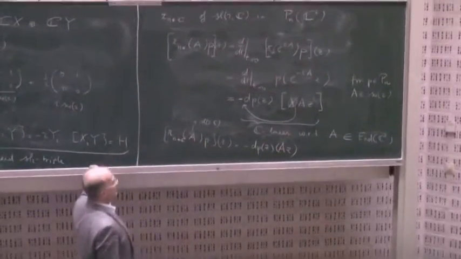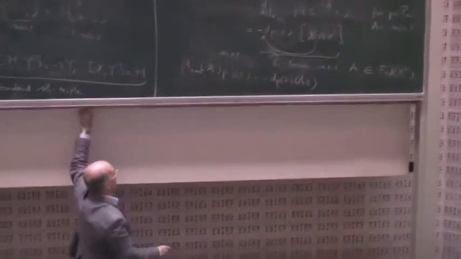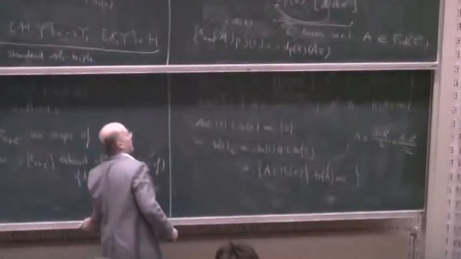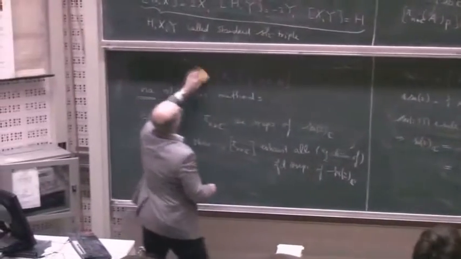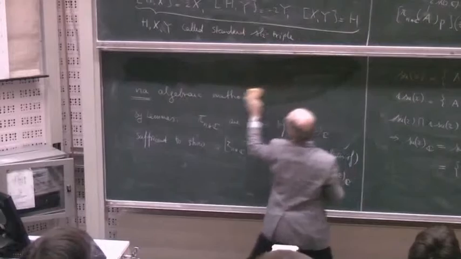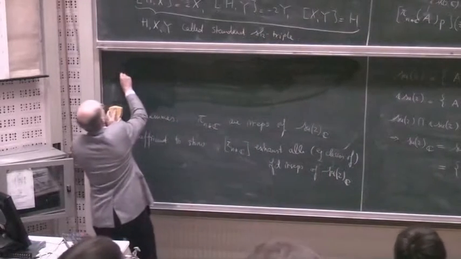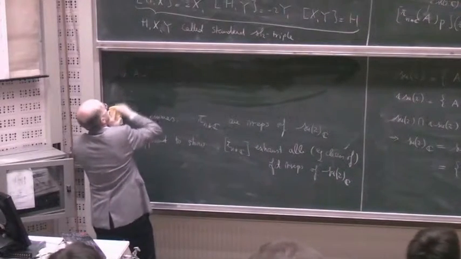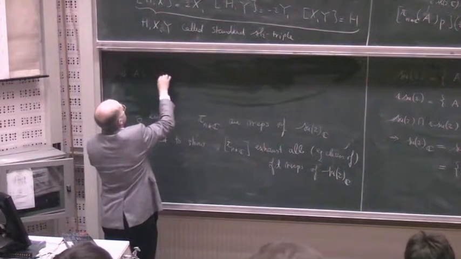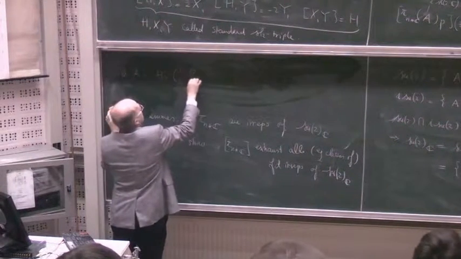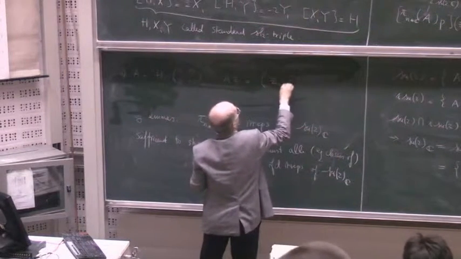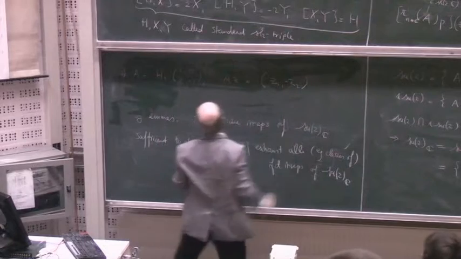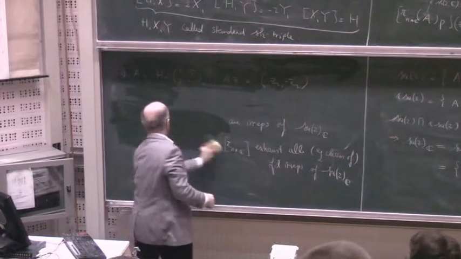Now let's calculate what this means, for instance, for the basis elements of SL2C. So let's first take A equal to H, which is (1, 0; 0, -1), then Az is (z1, -z2).